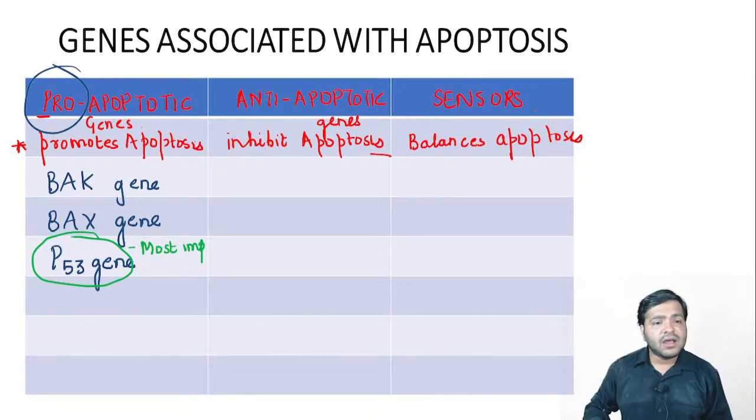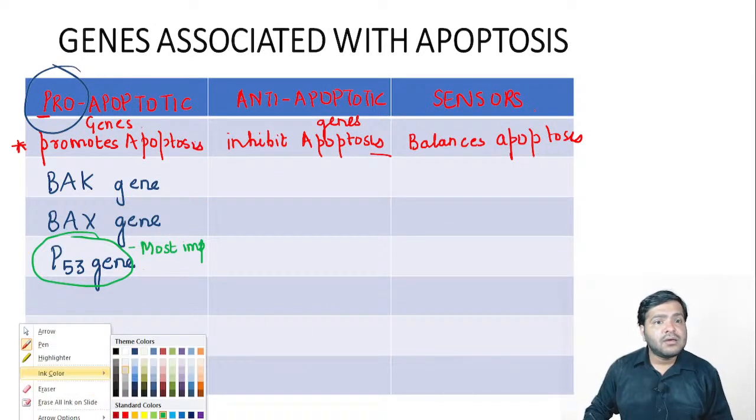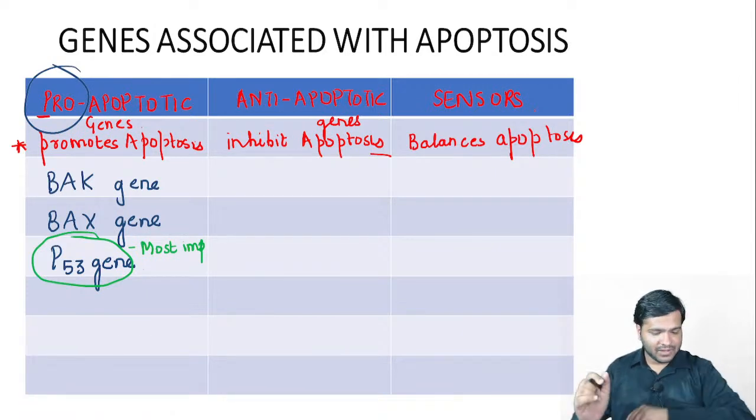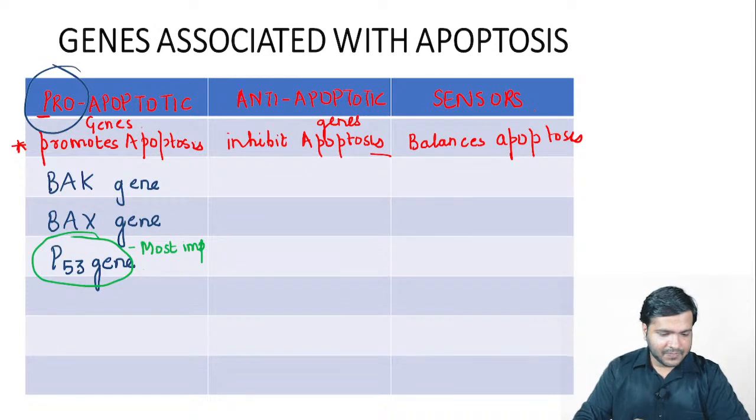Apart from that, there are certain drugs, guys, which behave like pro-apoptotic genes, or promote apoptosis. Can anyone tell me the name of that particular drug?